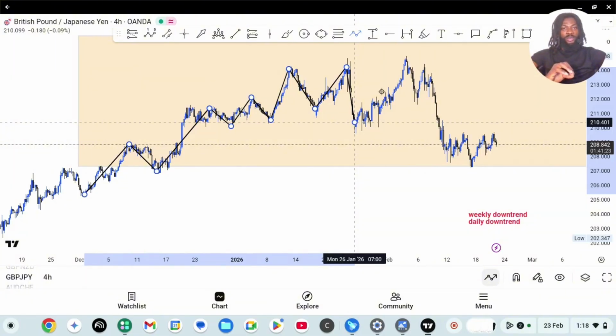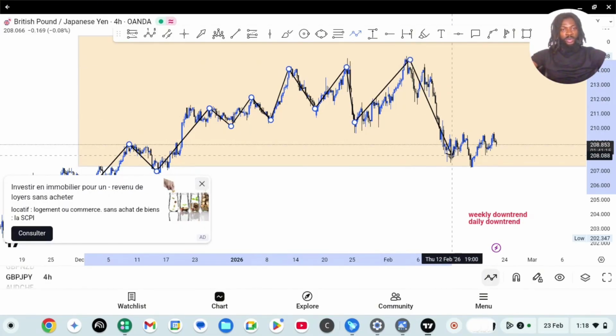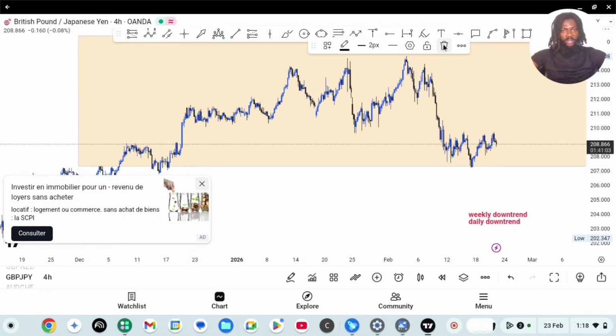Look at what the market did, it has another high. Now we have a lower low, we have a lower high, we have another new lower low. The market is about to give us another new lower high. Let's mark our structure here from this 4 hour time frame.